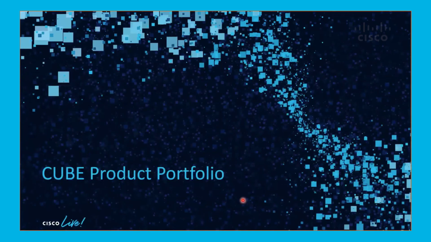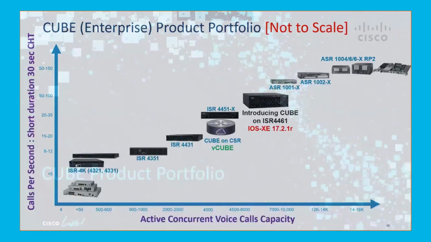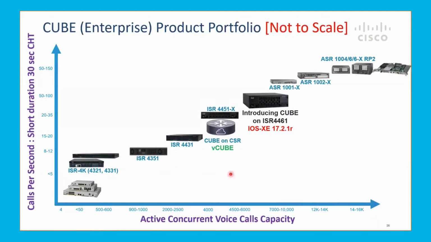Okay. When it comes to the Cube product portfolio, Cube has been part of the Cisco ISR series platform for well over a decade, starting with the 2600, 3600, 3700 series, then the 2800, 3800 series, what used to be known as the ISR G1, and then 2900, 3900 series on ISR G2. We no longer develop software for ISR G2 for Cube with respect to newer features, but we are still providing maintenance releases.